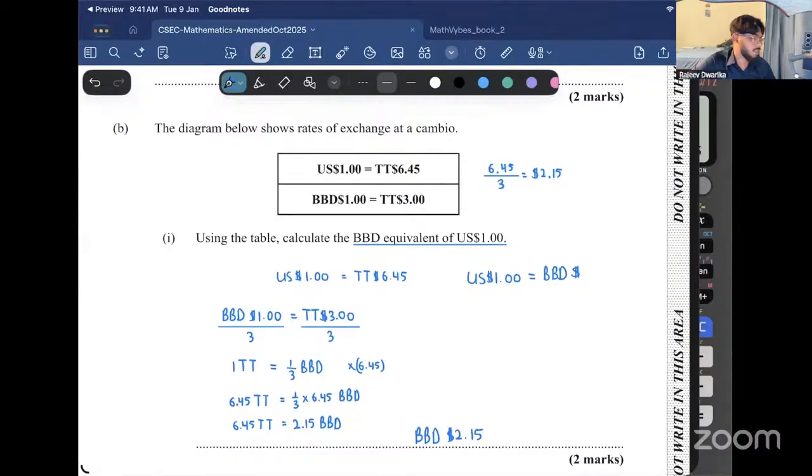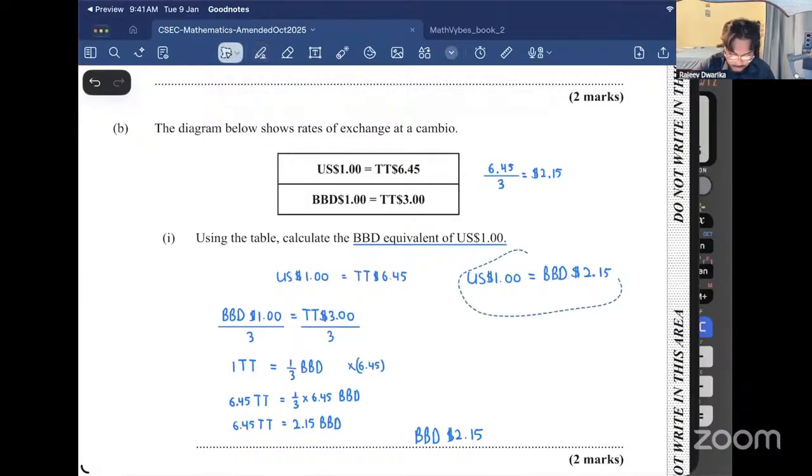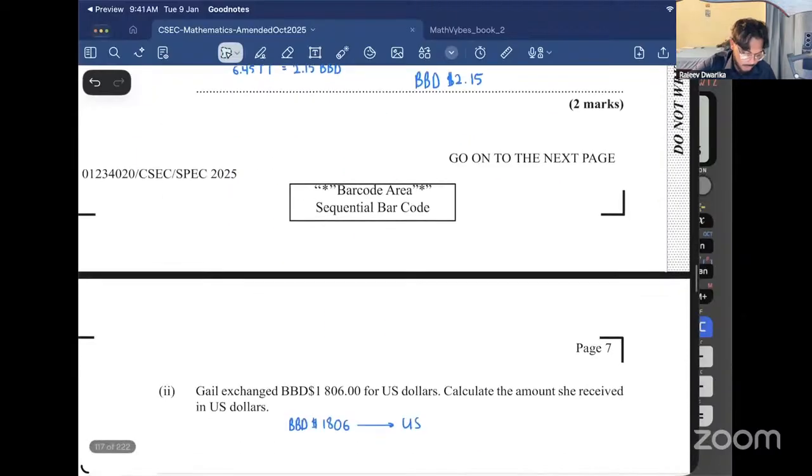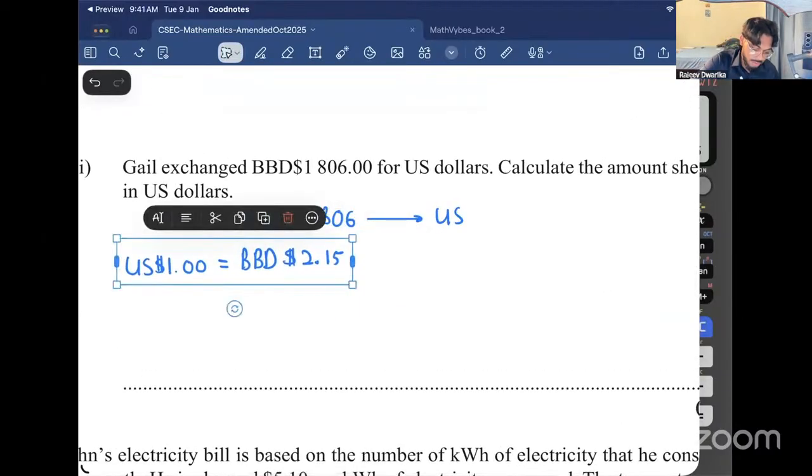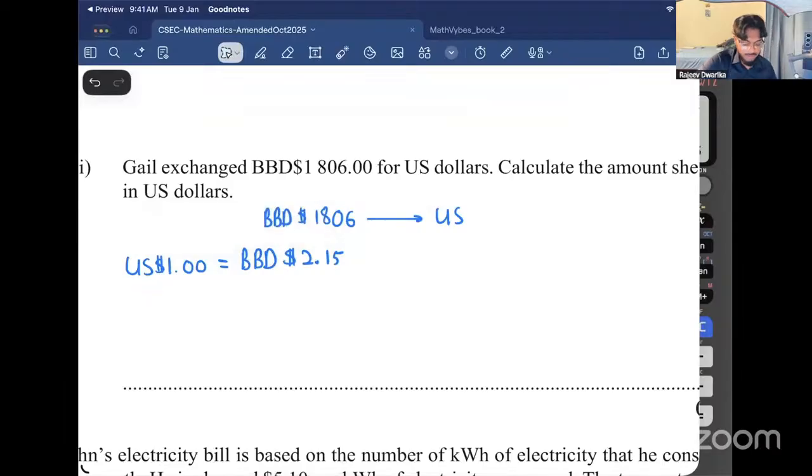See if you can tell me that. $2.15? Yes, that'll be $2.15. Everybody can see that, right, Neela? And that's what they asked us in the first part. So we know that 1 US dollar is equal to BBD $2.15.